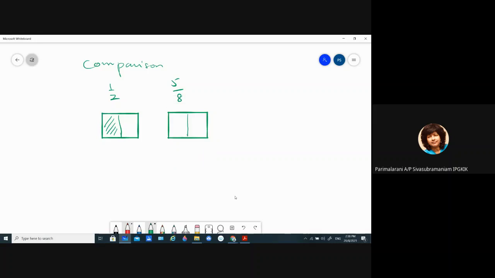We shade 5 parts. Because the rectangle is the same size, we can see clearly that 5/8 is greater than 1/2. So this is using the area model.